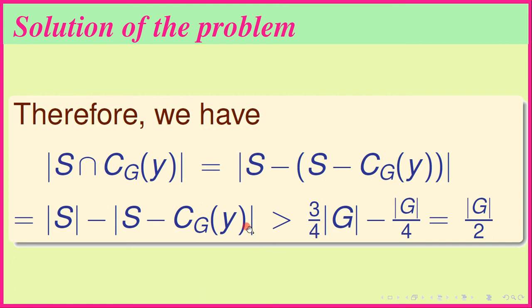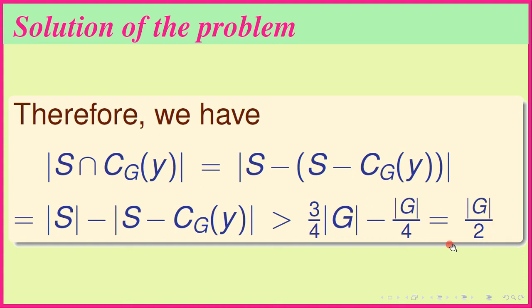And this is greater than, S is greater than 3/4 of G, and this one is less than 1/4 of G. So with negative sign it will be greater than this. So this one will be equal to order of G by 2.